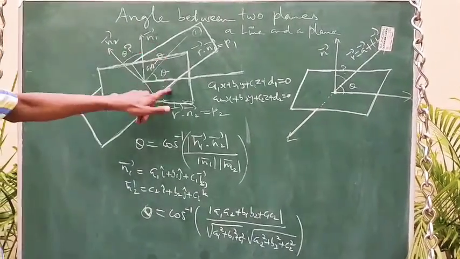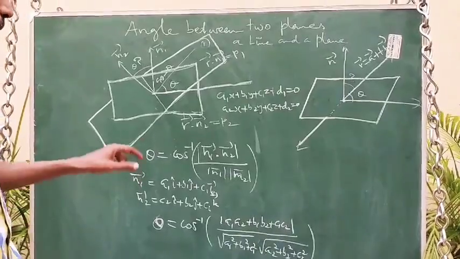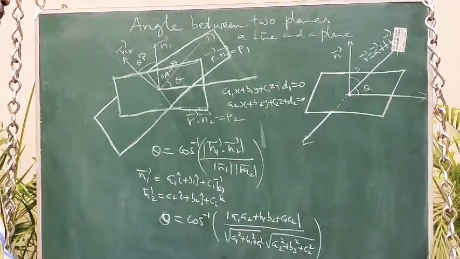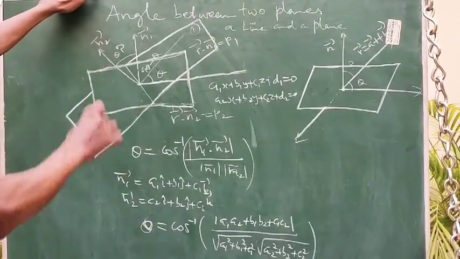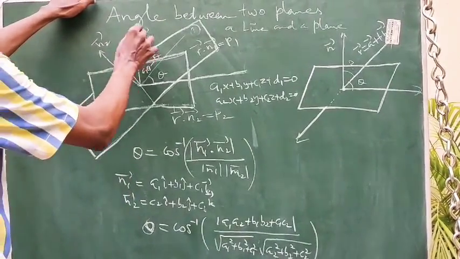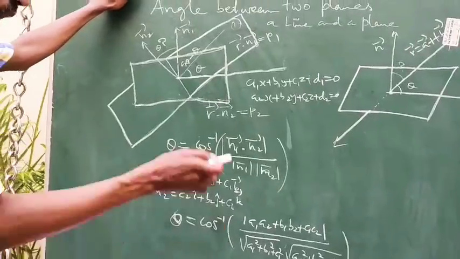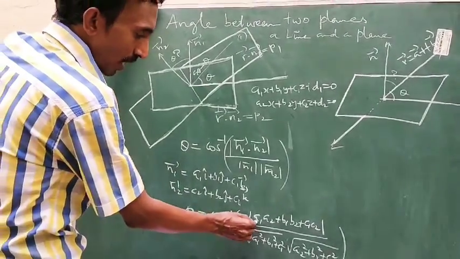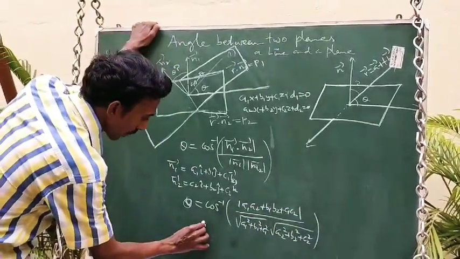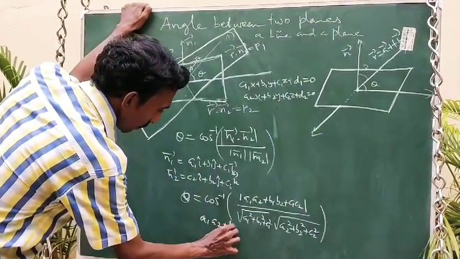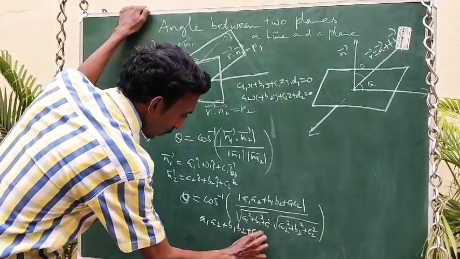Suppose the two planes are perpendicular, then the two normals are perpendicular, and perpendicular vectors mean their dot product is 0. So N1 dot N2 is equal to 0, or simply A1 A2 plus B1 B2 plus C1 C2 equal to 0.